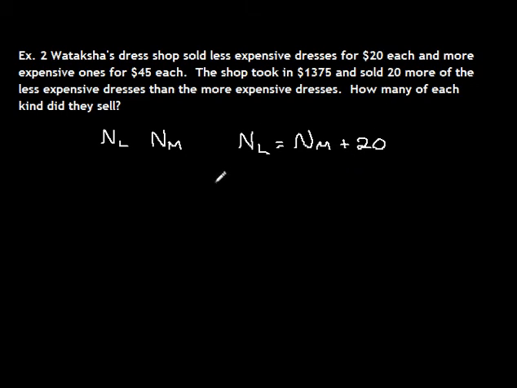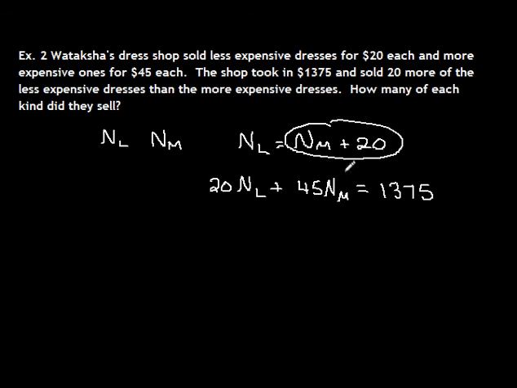We would do $20 times the less expensive plus $45 times the more expensive gives us the total amount sold. You plug in how many less expensive and how many more expensive and multiply them by their appropriate value, and you'll get how much they sold. And they tell us that they sold $1,375 worth of dresses.